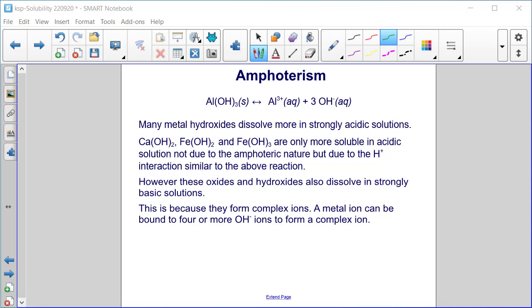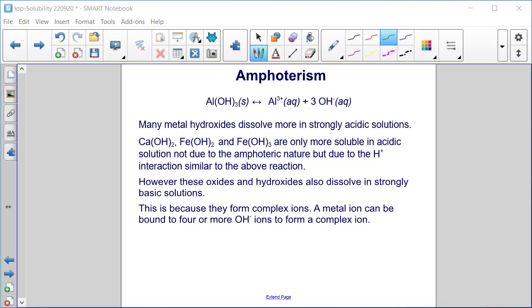Many metal hydroxides dissolve more strongly in acidic solutions. Calcium hydroxide, iron 2 hydroxide, iron 3 hydroxide are only more soluble in acidic solution, not due to their amphoteric nature, but due to the hydrogen ion interaction, similar to the above reaction with aluminum hydroxide that we discussed on the previous slide.